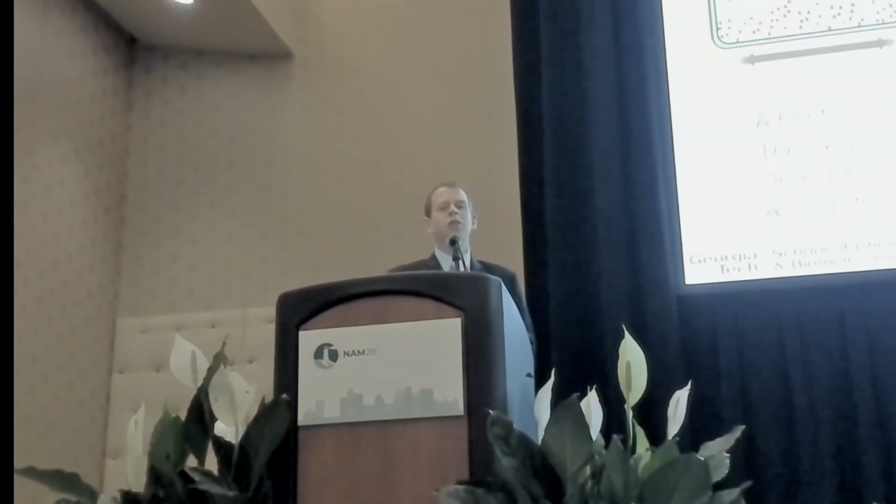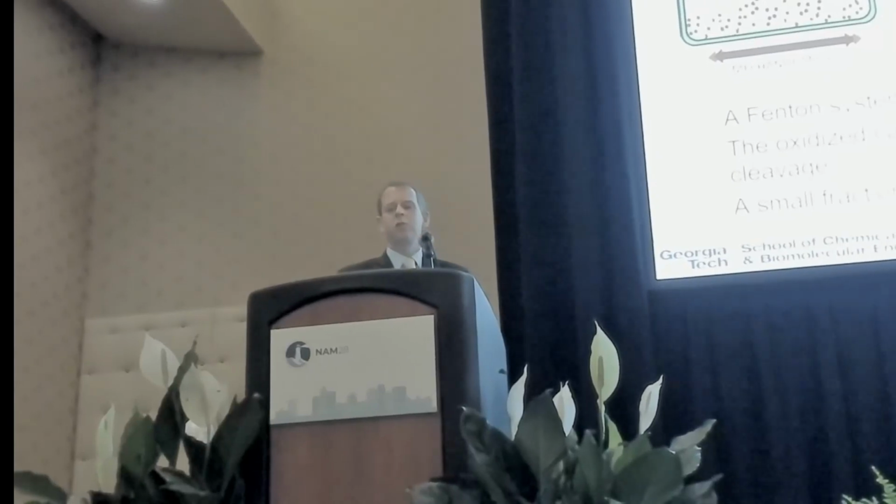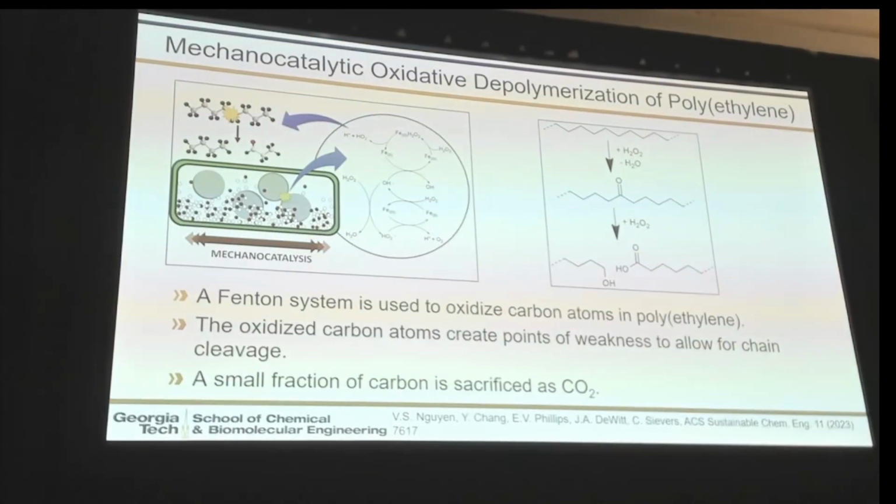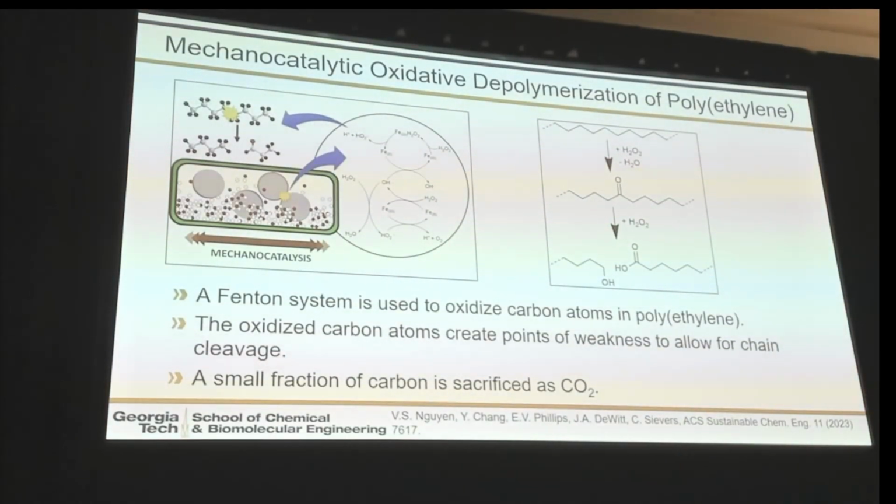So we transition to a couple of other groups. We also work with polyethylene, which does not activate easily because there aren't easily broken bonds. In this case, we use a catalyst and hydrogen peroxide as an oxidant.